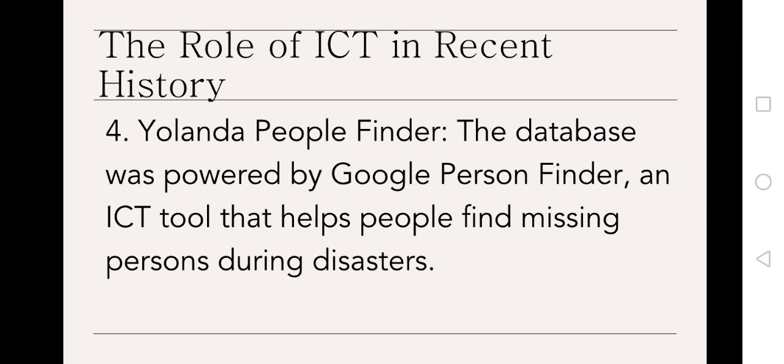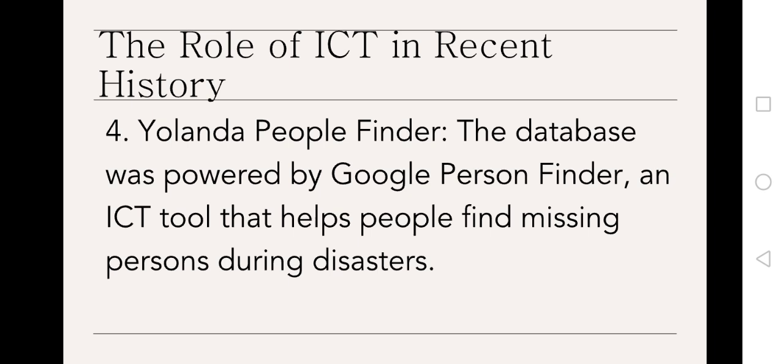So it is an ICT tool that helps people find missing persons during disasters. ICT is not only used for advancement to make our lives better or easier. It can also be used to help us achieve a certain societal change.